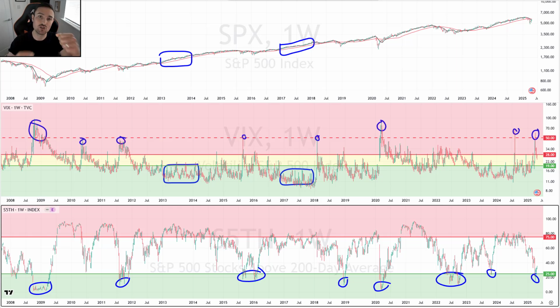So this is how you train your emotions. You train your psychology to do the opposite of what you want to do. You realize how the game is played. Realize that when you get VIX spiking above 50 and 200-day moving average breadth readings into oversold territory, the market is capitulating and correcting because of uncertainty, self-inflicted uncertainty by the way, because of the tariffs, and that Trump eventually was going to cave into the pressure.